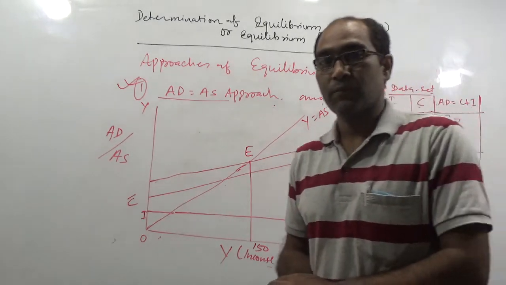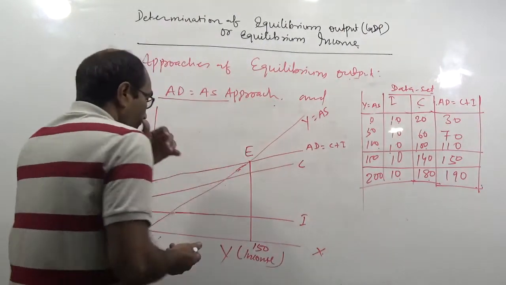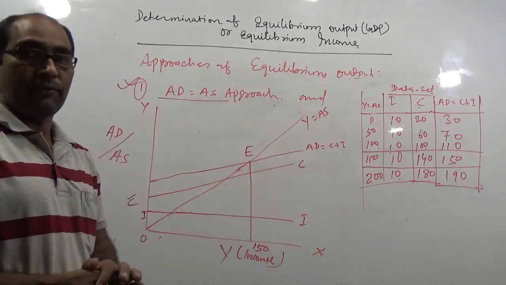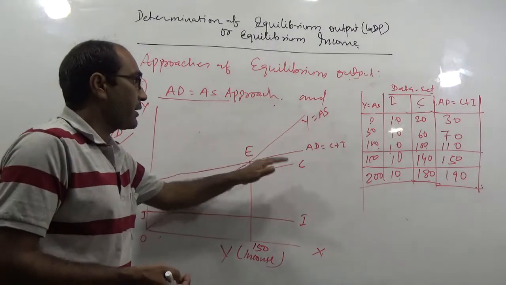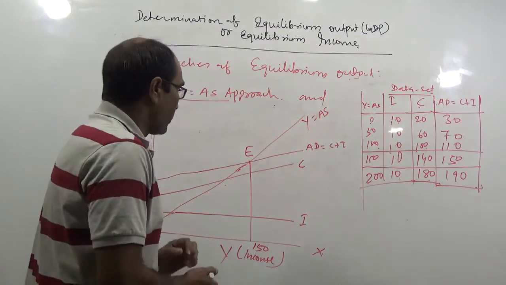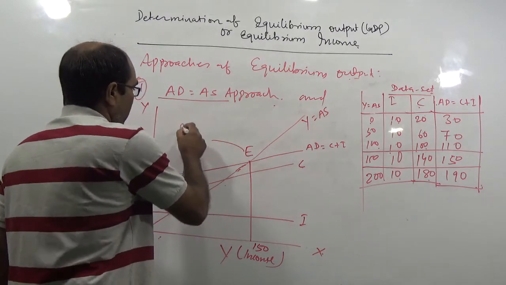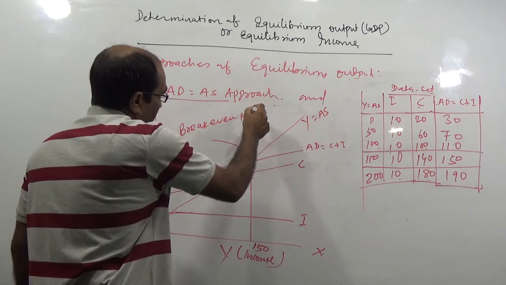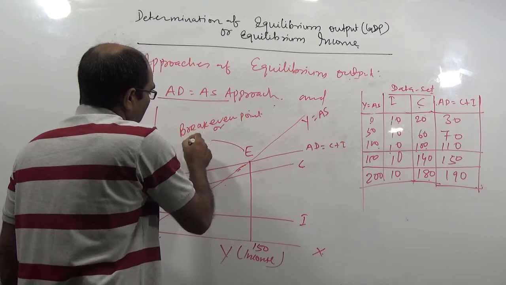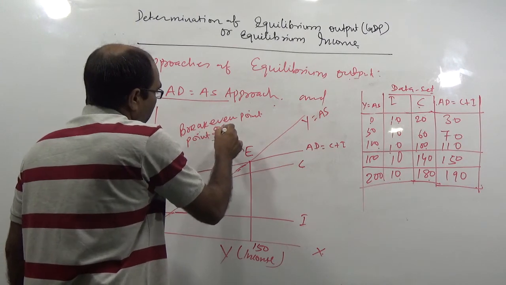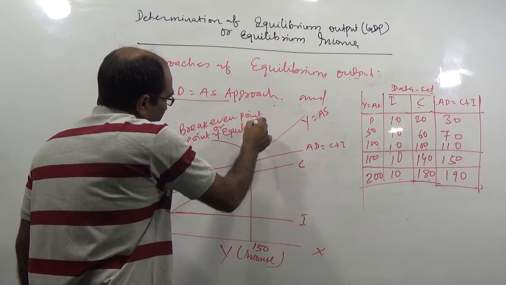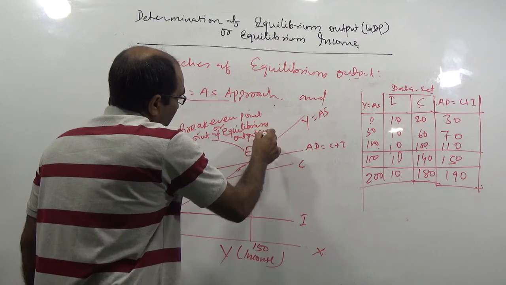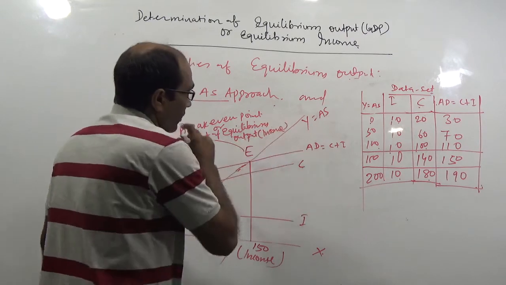So when we reach the point E, our AD is exactly equal to AS. So this point is popularly known as the break-even point or point of equilibrium output or income.